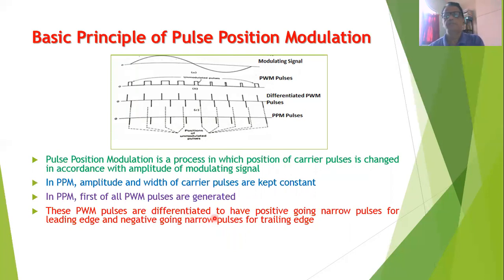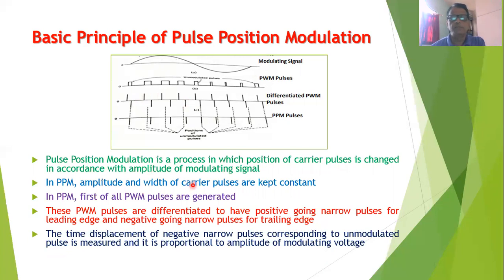Whenever these pulses are differentiated, we will have a positive going narrow pulse for the leading edge, and then a negative going narrow pulse for the trailing edge. As shown in this diagram, for each pulse one positive going narrow pulse is generated for the leading edge, and another negative going narrow pulse is generated for the trailing edge.